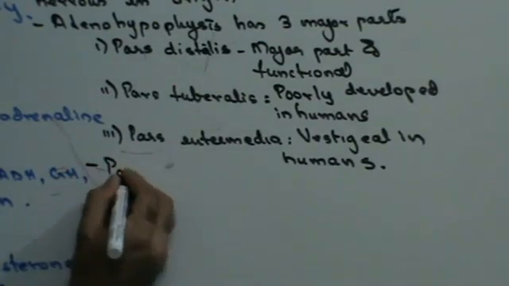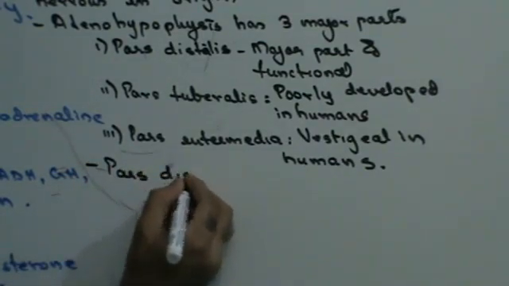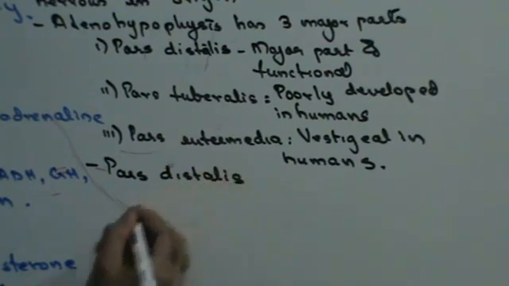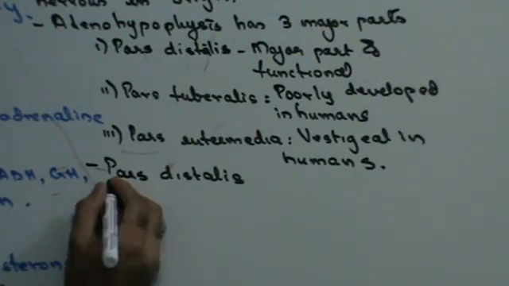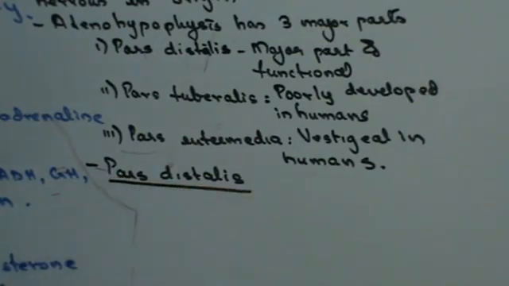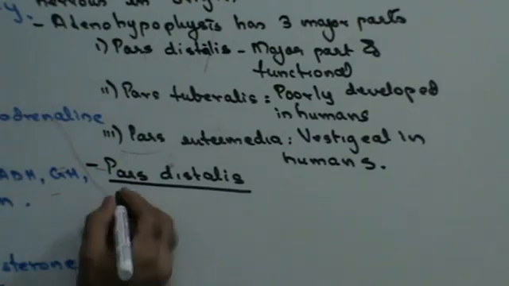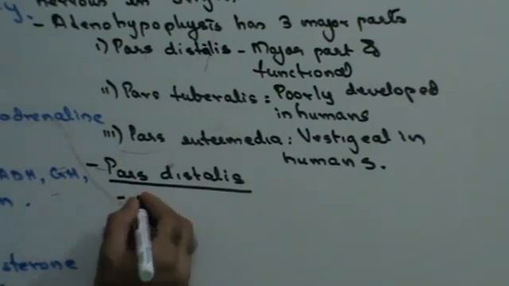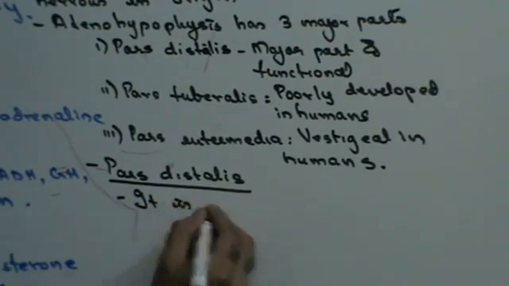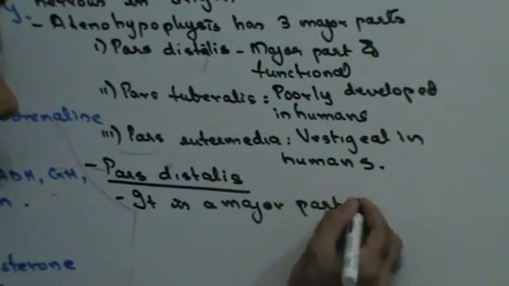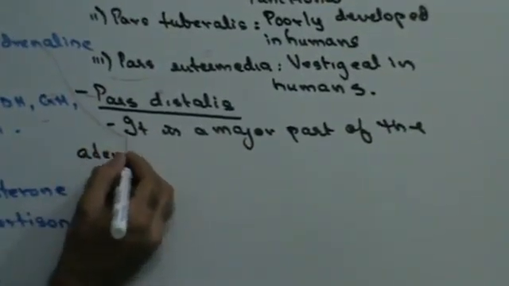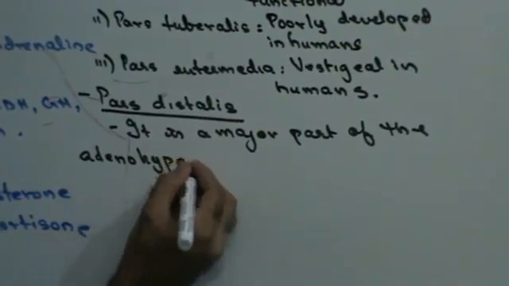First, let's start with pars distalis. Now pars distalis is a major part of the adenohypophysis.